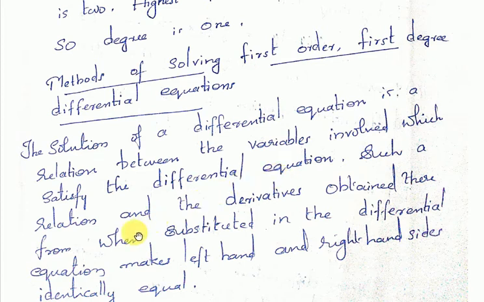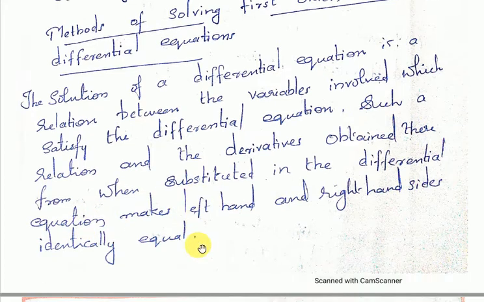Such a relation and the derivatives obtained from it, when substituted in the differential equation, make the left hand side and right hand side identically equal.